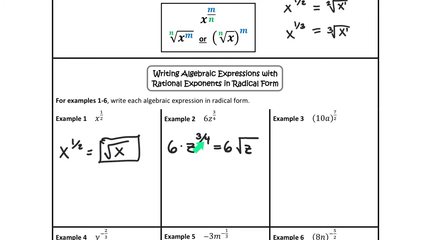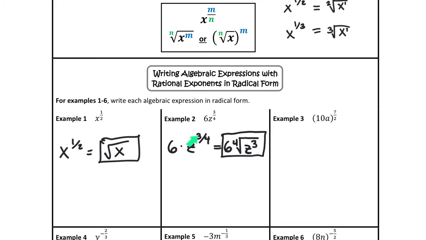The 3 and the 4. Using this model here, the 3, the number on top, the m in this case, is going to go inside. So the top number goes inside. So it's z to the power of 3 inside. And then the bottom number, the 4, in this case the n, goes in front of the root. And there we have it. That's our answer there.